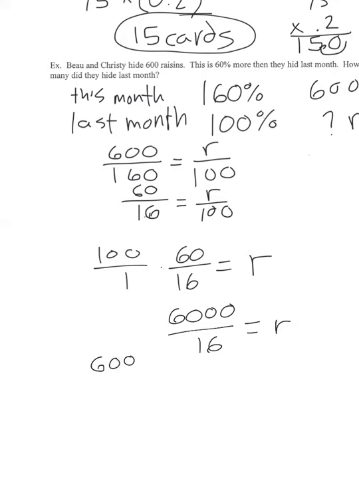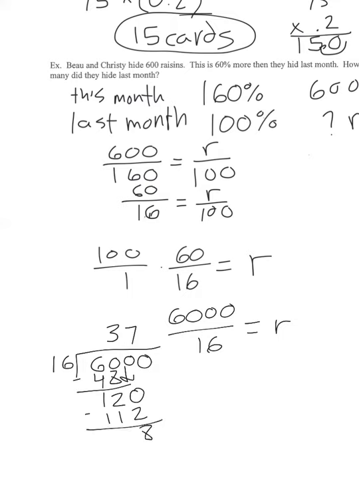So I'm going to do that. 16 goes into 60 3 times. 3 times 16 is 48. We'll bring down a 0. 16 goes into 120 7 times. 7 times 16 is 112.